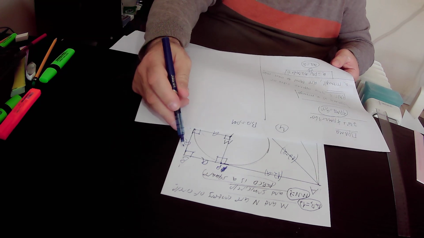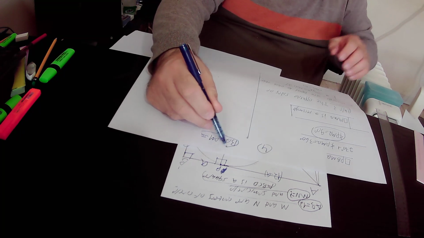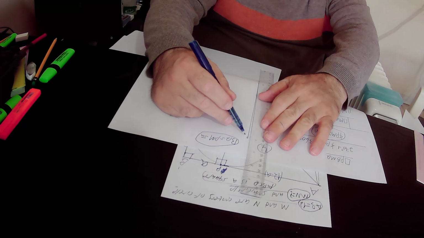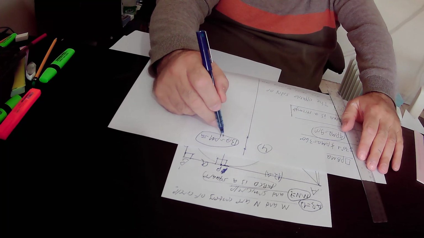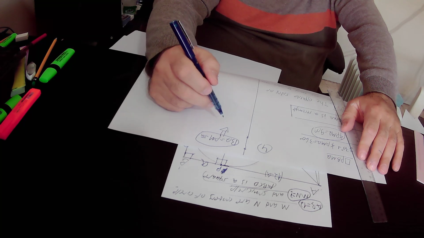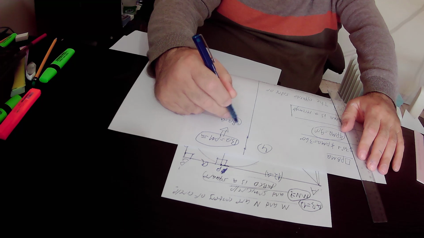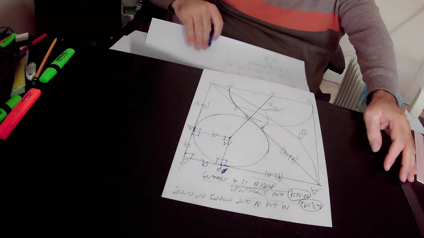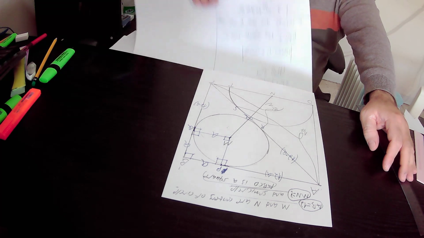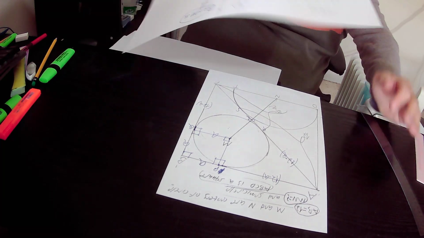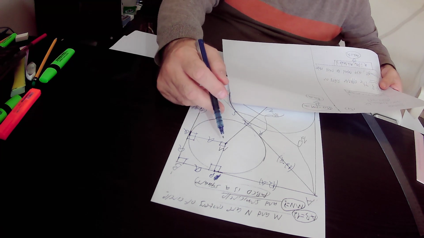But we have already found out that PM equals A. So from this equation we conclude that BQ is also equal to A. And here, actually, BQ equals A equals PM.